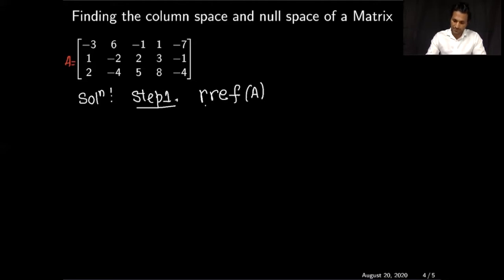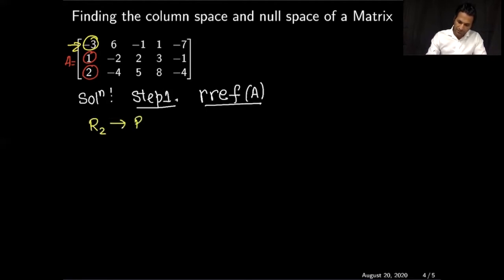As you can see, the very first step of the Gauss-Jordan elimination would be to eliminate this entry and this entry, because the very first pivot is our first non-zero entry in the first row, which is a -3. So we will eliminate all the entries below that pivot. I will operate on R2.